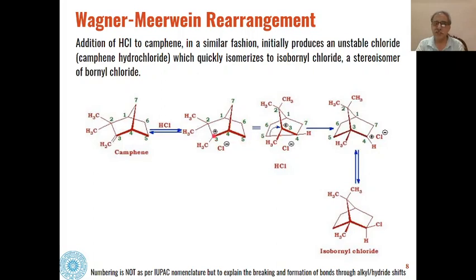Then 3 is attached to 2 with 2 methyl groups. Then 2 is attached to 1, and then 1 to 7 we have taken towards this side. So this is 7, and then 7 is attached to 4, 4 is attached to 5, and then 5 is attached to 6. So this is how these two structures are equivalent structures.